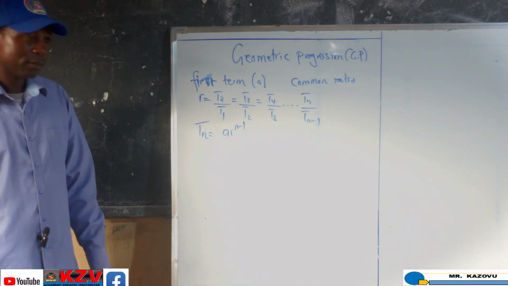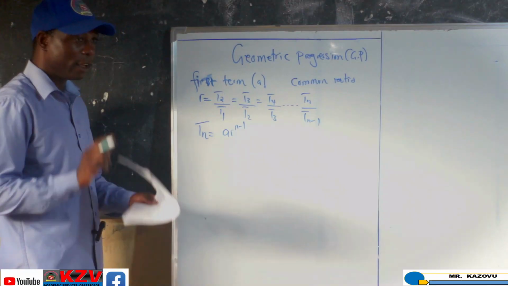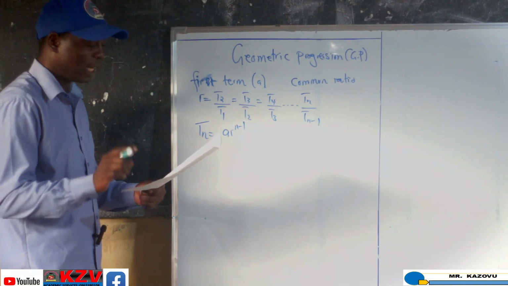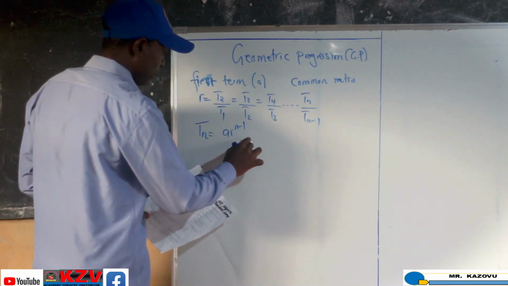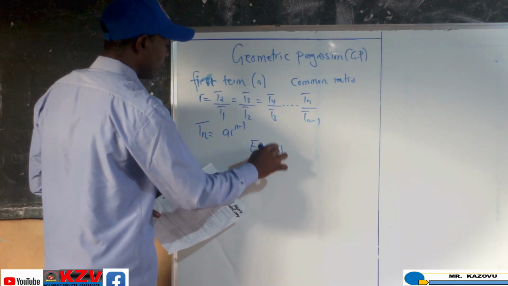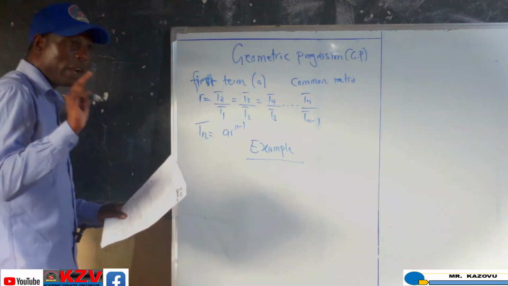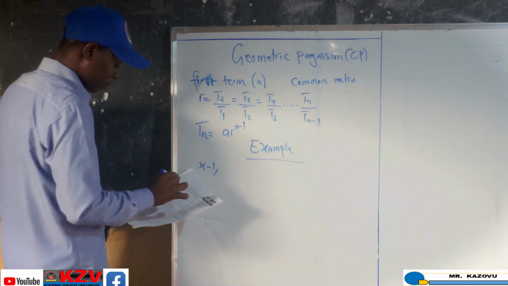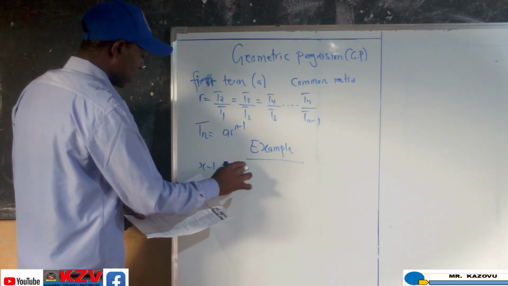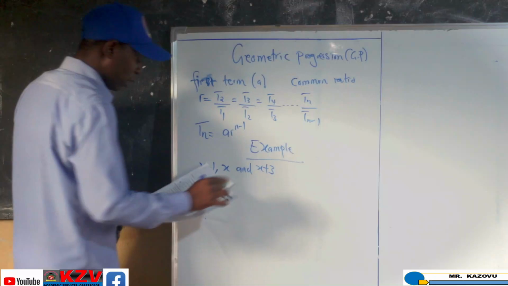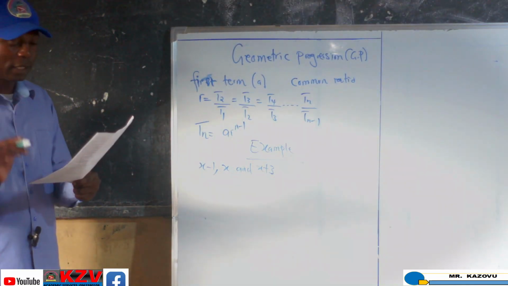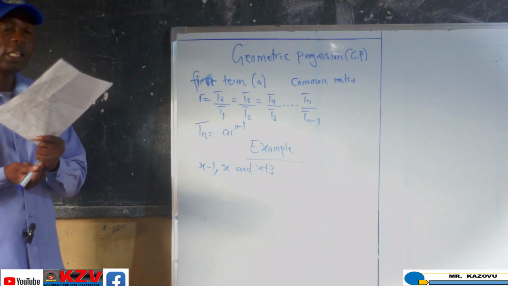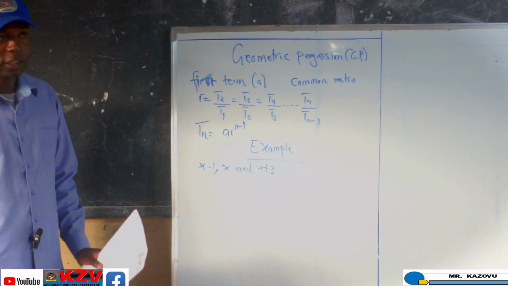Now, let's go to question 4, an example that has been given to us. We have been given three numbers, x minus 1, x, and x plus 3, which are consecutive terms in a GP, meaning that they are following each other.